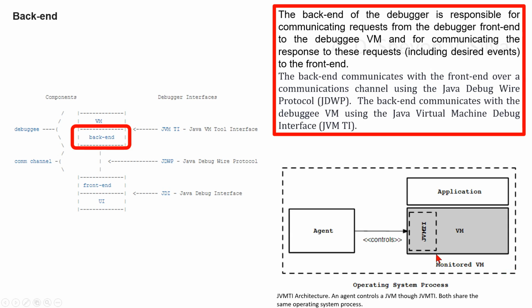The JVM TI client, a so-called agent, queries and controls the given JVM, and the agent shares the same operating system process.